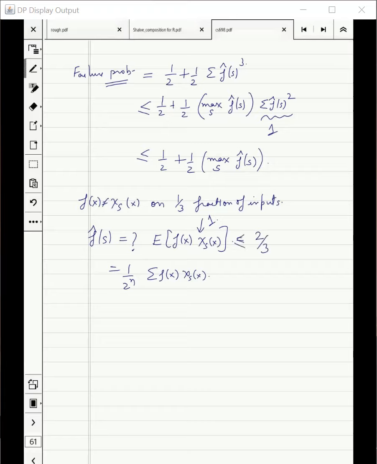And then I will get -1 for at least 1/3 fraction. With at most 2/3 probability I will get +1, and with probability at least 1/3 I will get -1. That's why this expectation value is going to be less than 1.